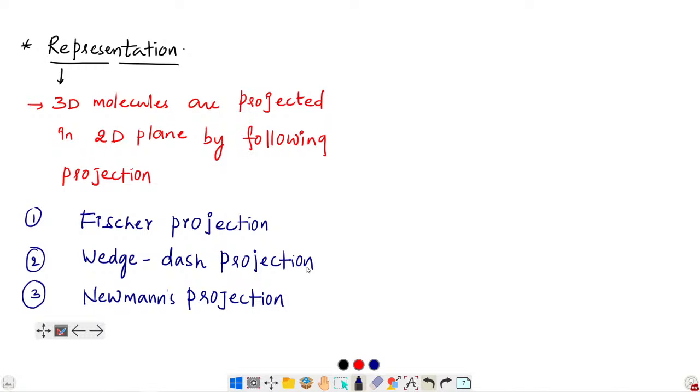Right. So let us see the Fisher projection first. What are the rules we can follow here?